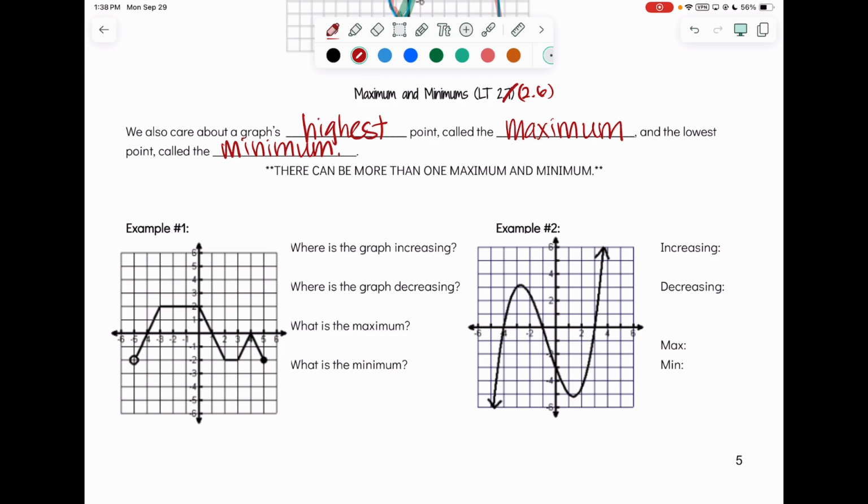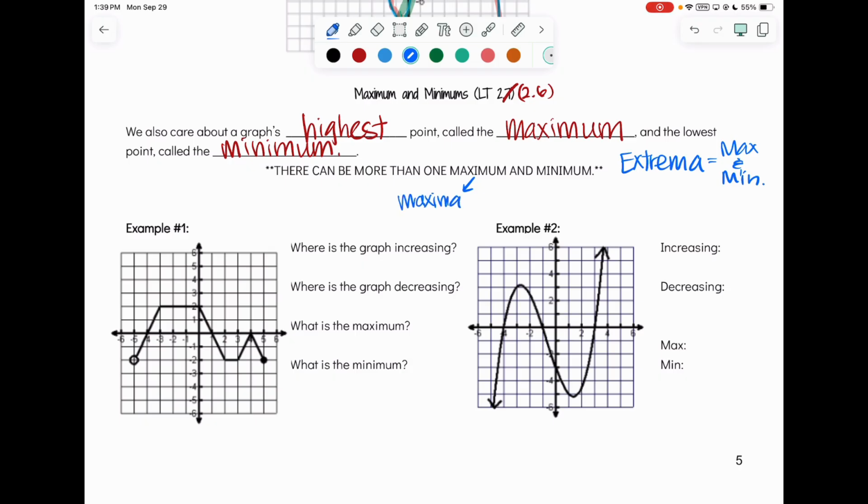Okay? Both maximum and minimum are considered to be called an extrema. Extrema equals max and min. But if you have multiple maximums, we don't say maximums with an S, we say maxima, like the car.